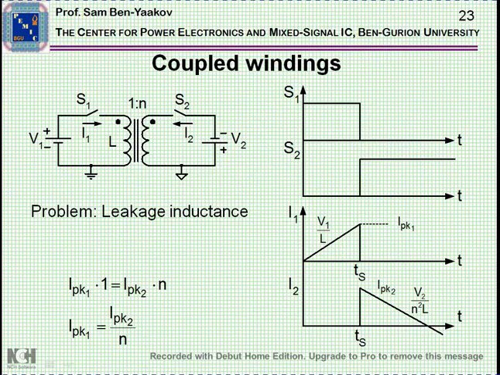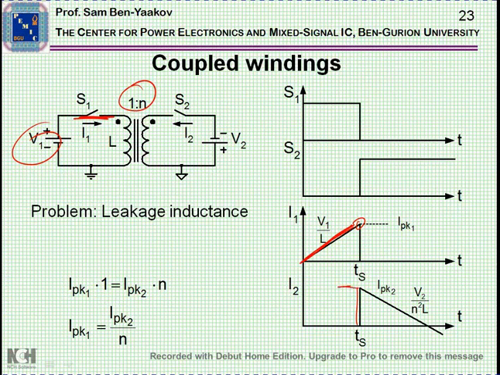Now, in the general case, if it's a 1-to-n ratio, then of course what you'll see is a similar picture in terms of voltage, the current going up because of the constant V1 voltage when S1 is on, and then there is a switching of the current to the other winding.